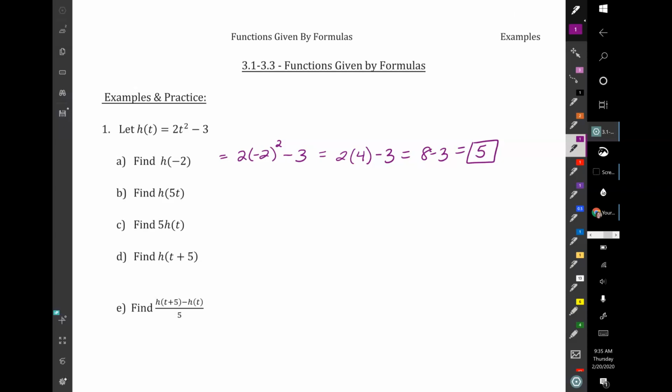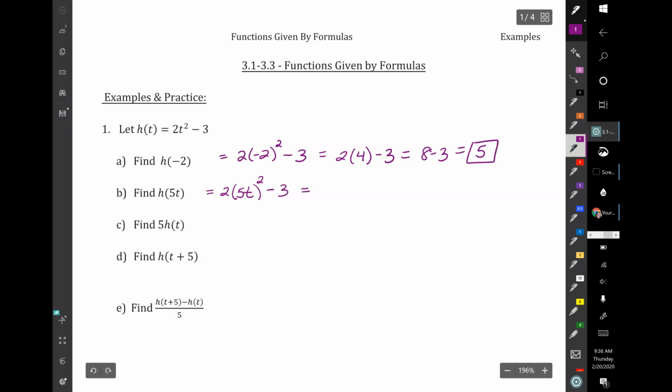Now this one here, B, find h of 5t. We're just going to, again, take whatever the input is, 5t, and put that everywhere we see t. So now t becomes 5t. So 2 times 5t all squared, don't forget your parentheses again, minus 3.